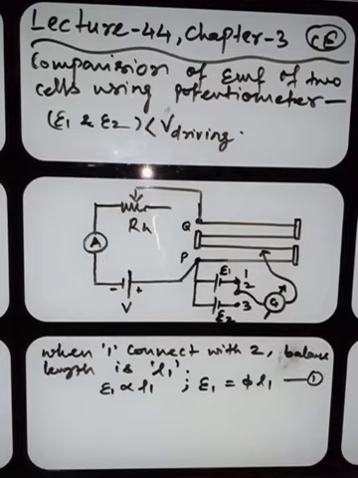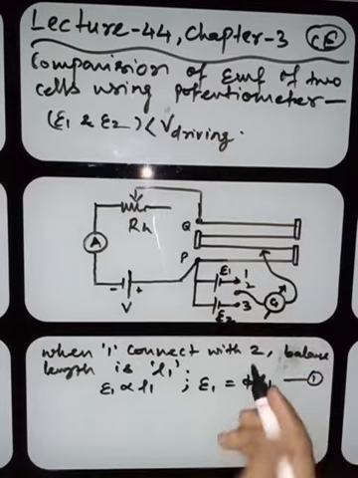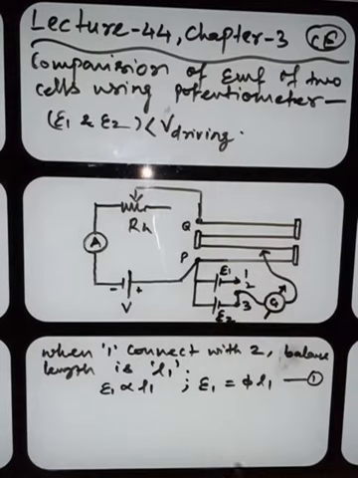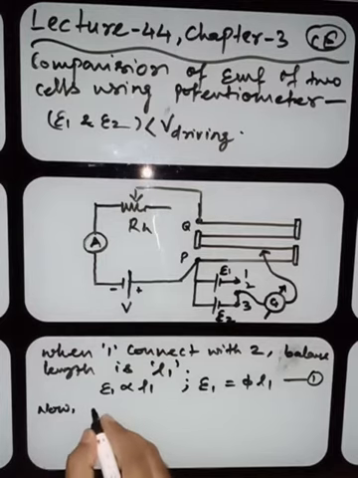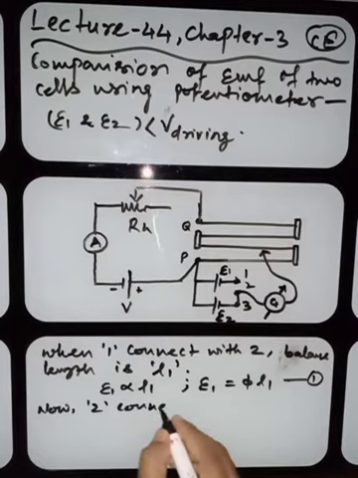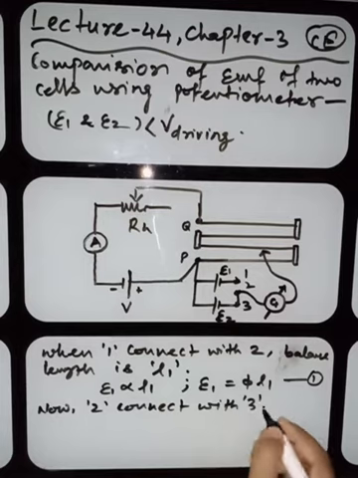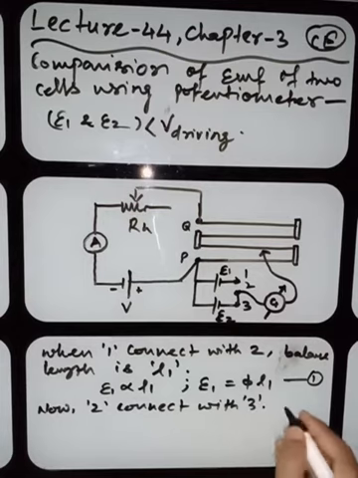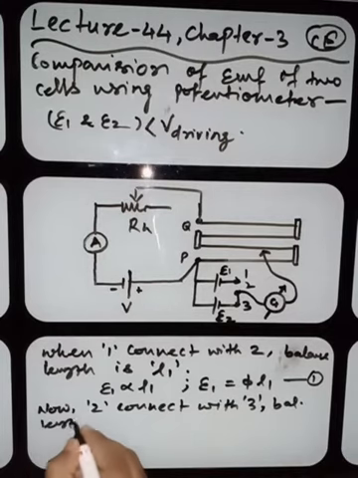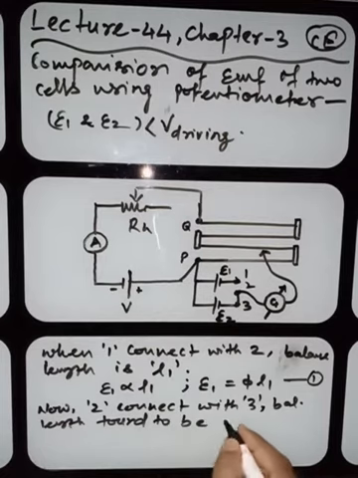Equation 1. Now we will remove the key from 2, and now we will connect with 3. Now 2 connects with 3, and the balance length is found to be L2.